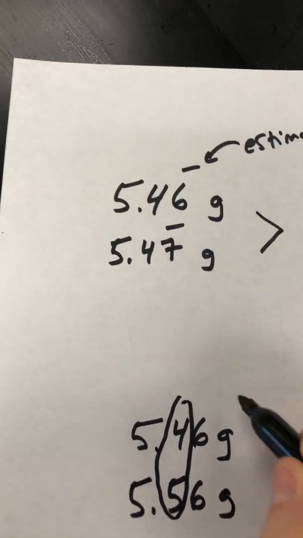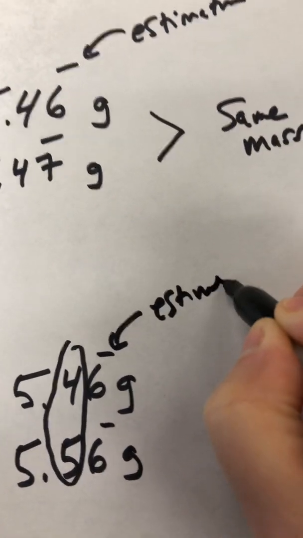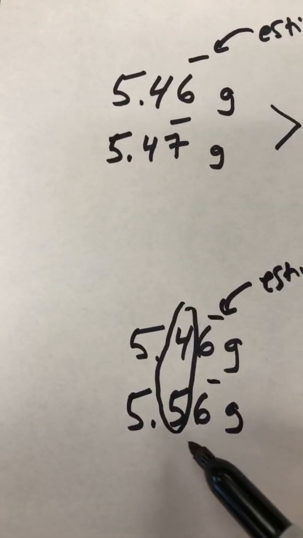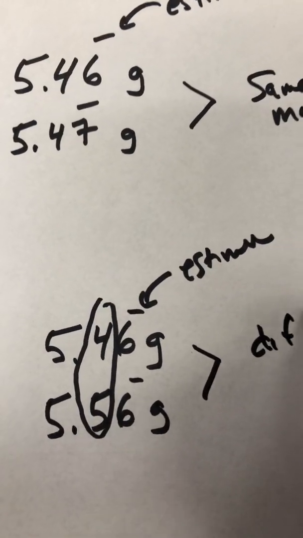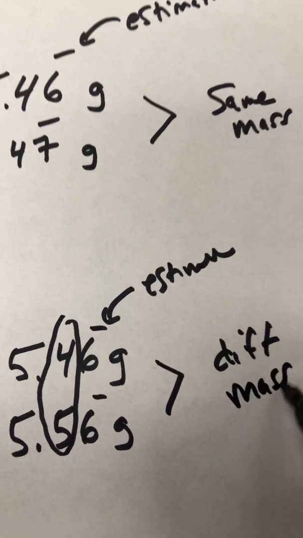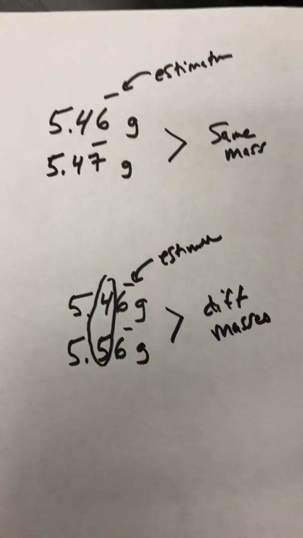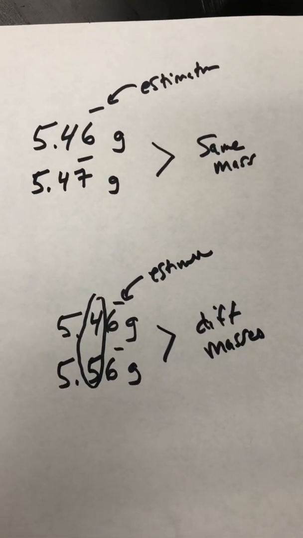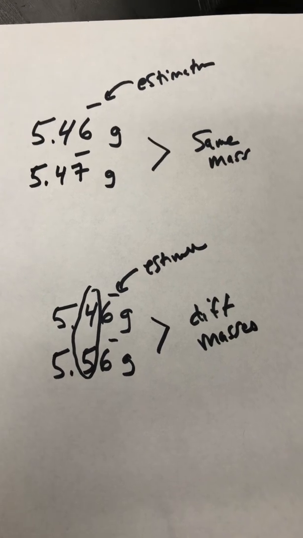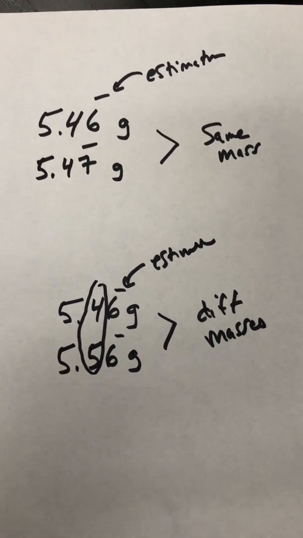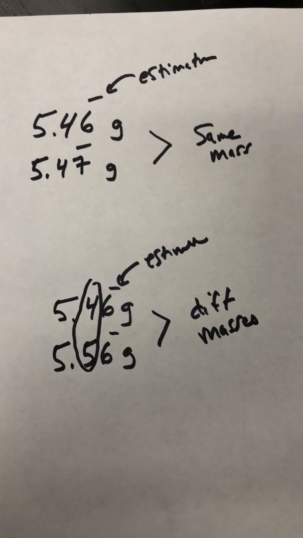So the 6 is still the place of estimation, but the tenths is not. So these are different masses. So those are some of the things you got to take into consideration when you're looking at measured values. Measured values, it's okay if they differ in the place of estimation, but they must be the same in all of the other places recorded.